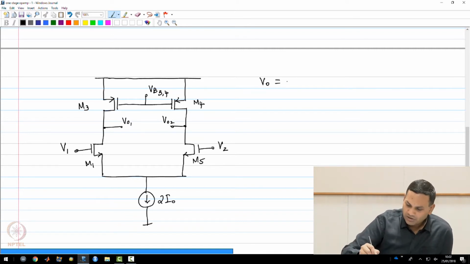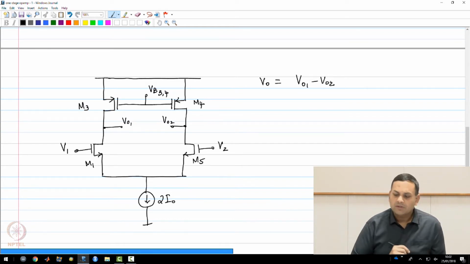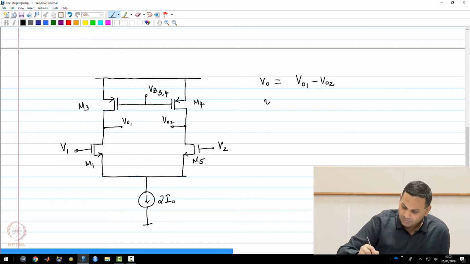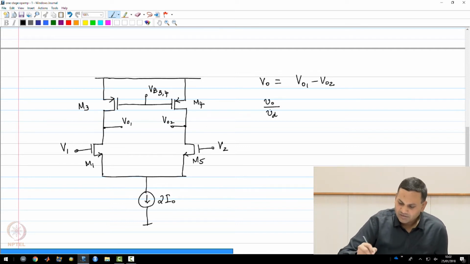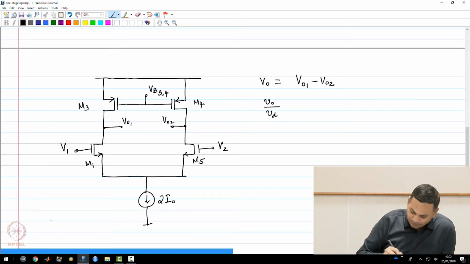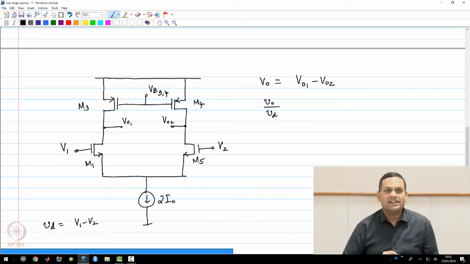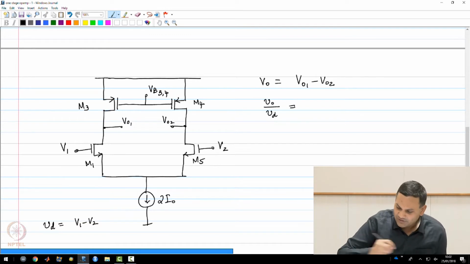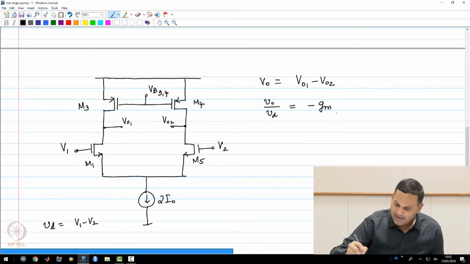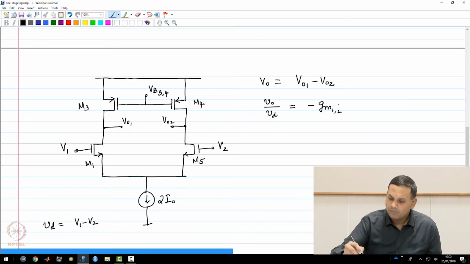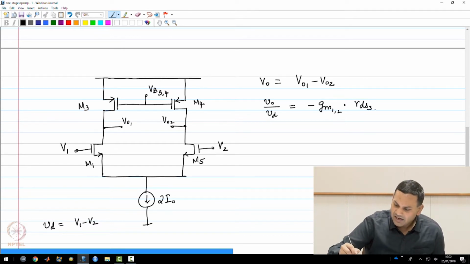Now if you look at the output as the difference between VO1 and VO2, the small signal gain of this circuit, which is VO by VD, where VD is V1 minus V2, the differential voltage applied at its input, is minus gm of 1 and 2 times rds of 1 and 2 in parallel with rds of 3 and 4.